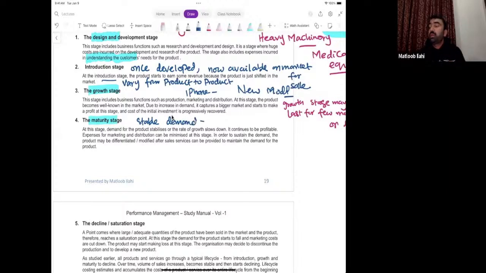One reason would be that there is no more new customer in the market to sell additional product, or another reason can be that a lot of other competitors have offered similar products on the market, so the market has got saturated. This is also called the saturation stage, where the market has got saturated.